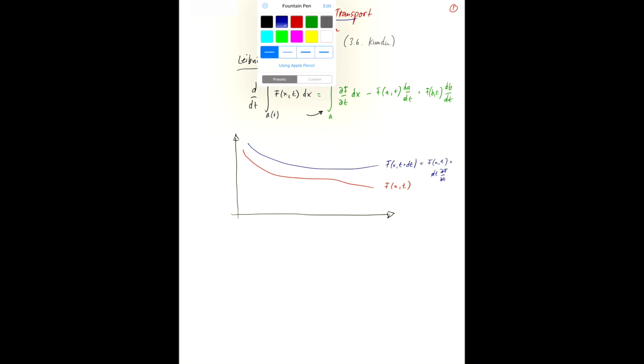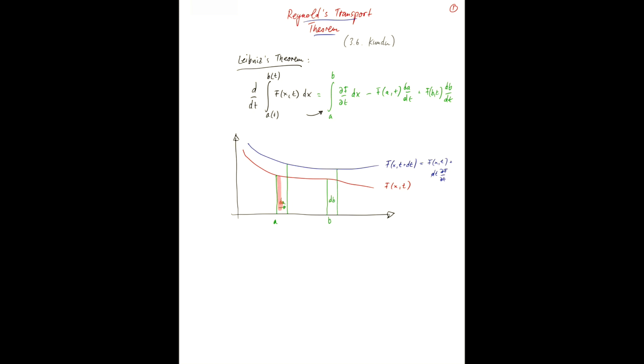Now we consider our two limits here, a and b, and they will change over the time dt. So this initial integral is just the integral from a to b of f of x and t dx. And then this green integral here would be the integral from a plus dA to b plus dB of f of x and t plus dt dx.